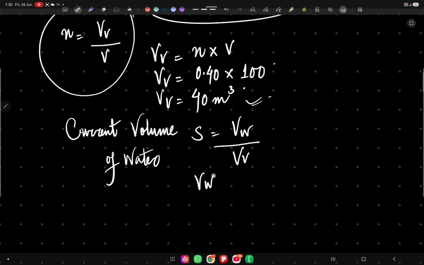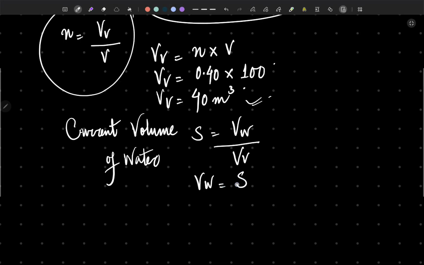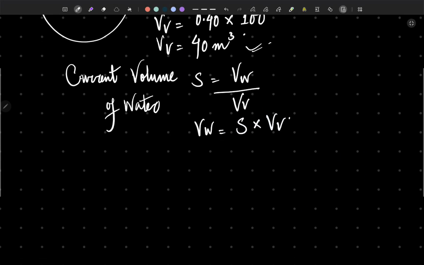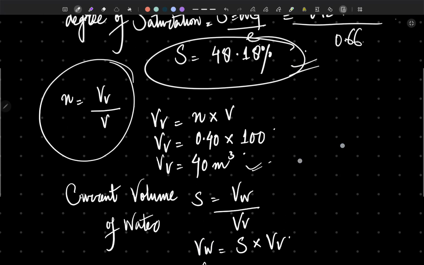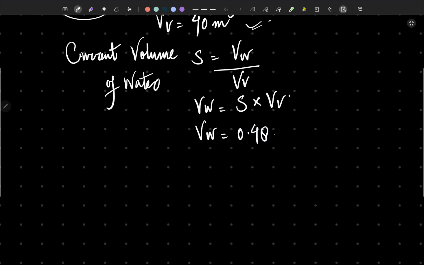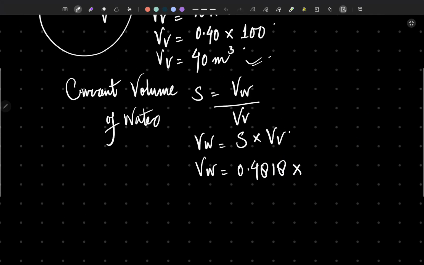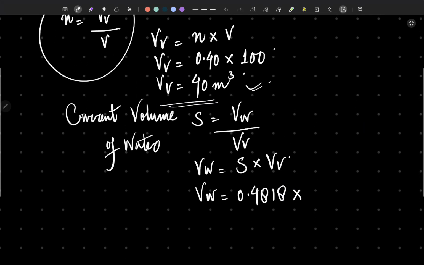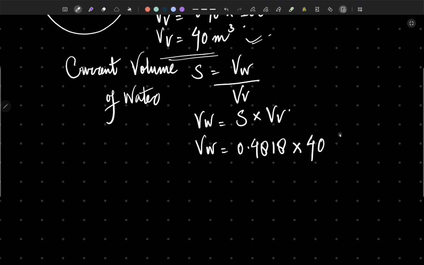So volume of water is, degree of saturation, we calculated how much? It was 48.18%, so 0.4818, multiplied by volume of voids, we just found out 40 cubic meters. By calculations, it is 19.27 cubic meters. All right, so the volume of the water is 19.27 cubic meters.